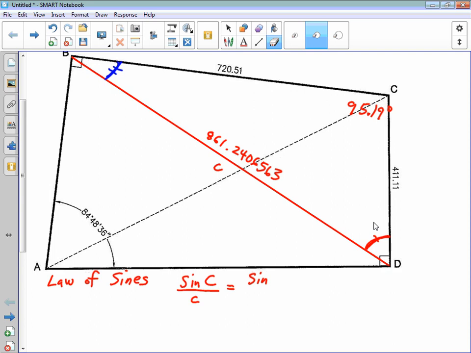Maybe I should put that. Maybe I should be correct. Sine angle CDB. So we'll get this red one down here over, well, what's opposite that? Let's look again. CDB, opposite of that, there's our good friend 720.51. Okay?